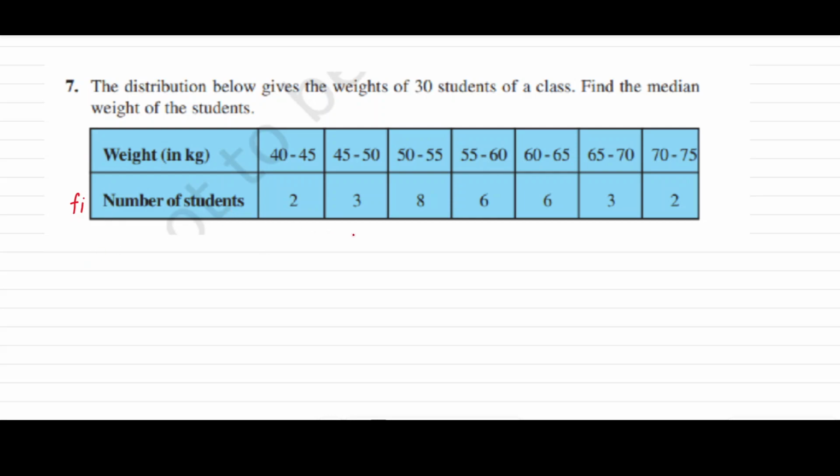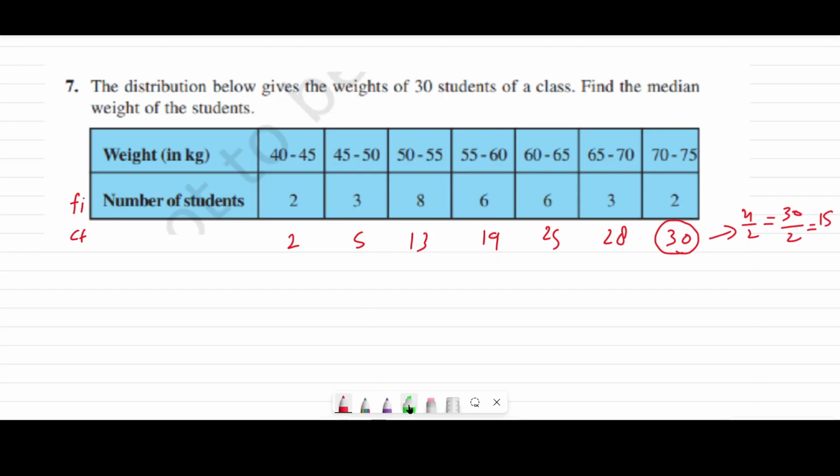Now here, first for the median we should calculate the cf. This will be 2, 2 plus 3 is 5, 5 plus 8 is 13, 13 plus 6 is 19, 19 plus 6 is 25, 25 plus 3 is 28, 28 plus 2 is 30. So from this we will calculate n by 2, 30 by 2, that will be 15.